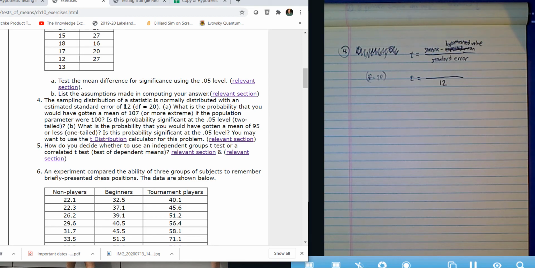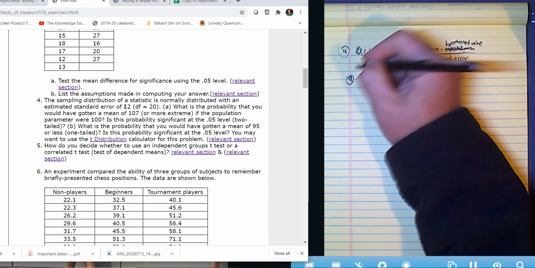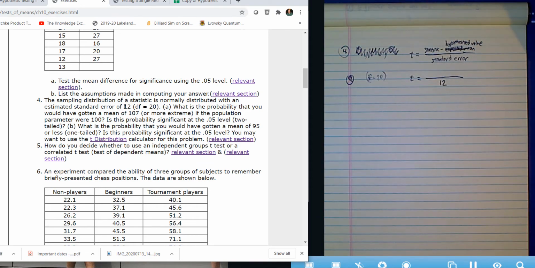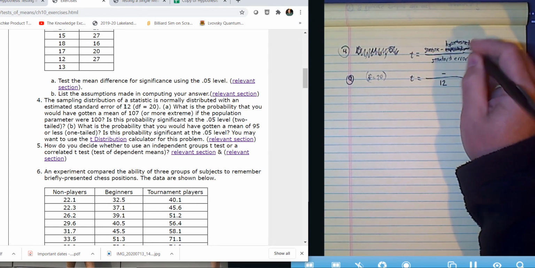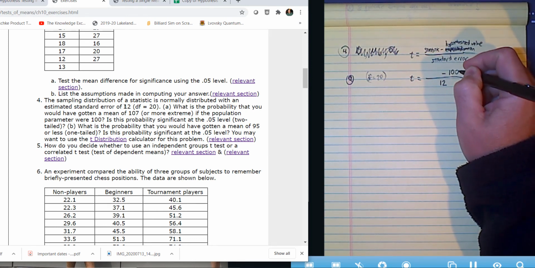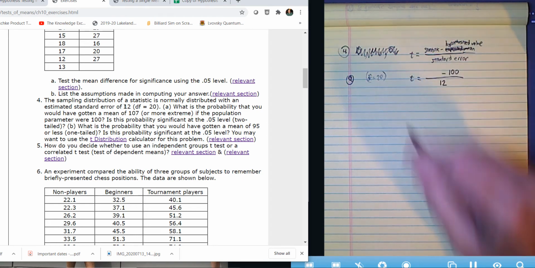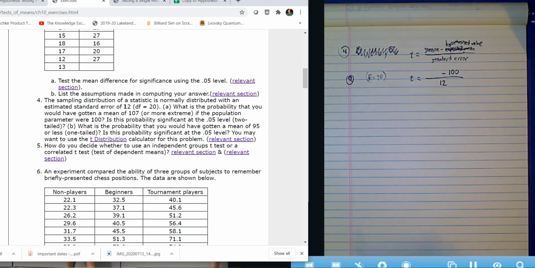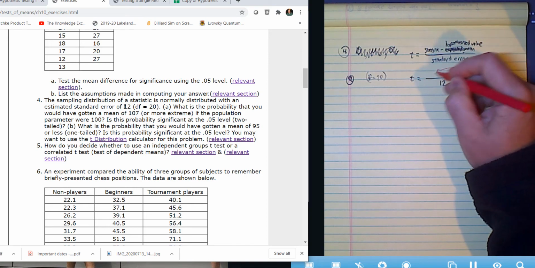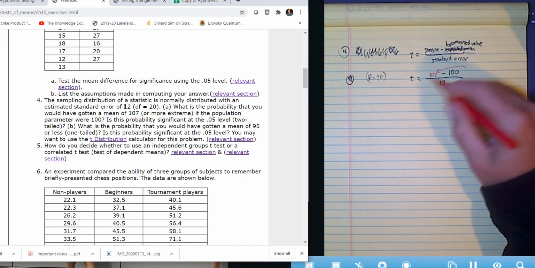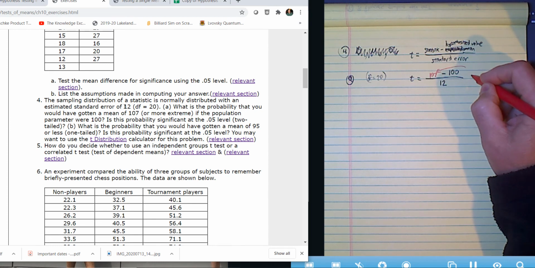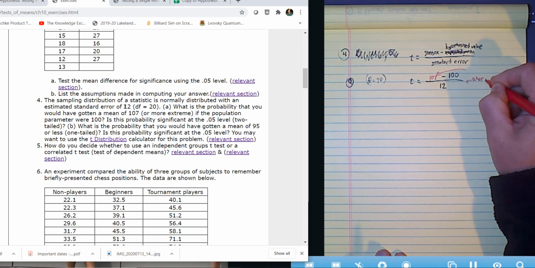No. Part A says, what is the probability that you would have gotten a mean of 107 or more extreme if the population parameter were 100? So the parameter, remember that's this hypothesized value, is 100. And so the question is, basically, if we got 107 or more for our statistic, what is the probability?